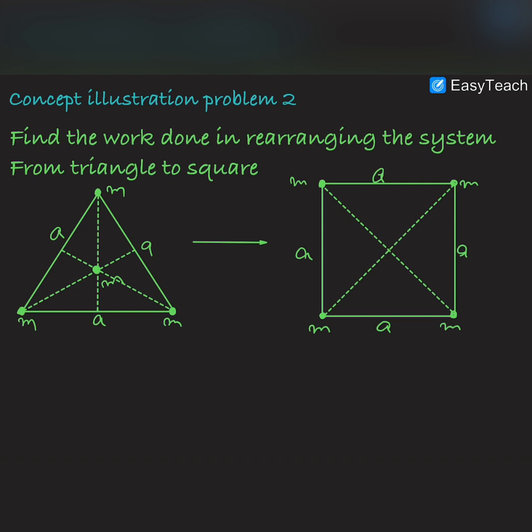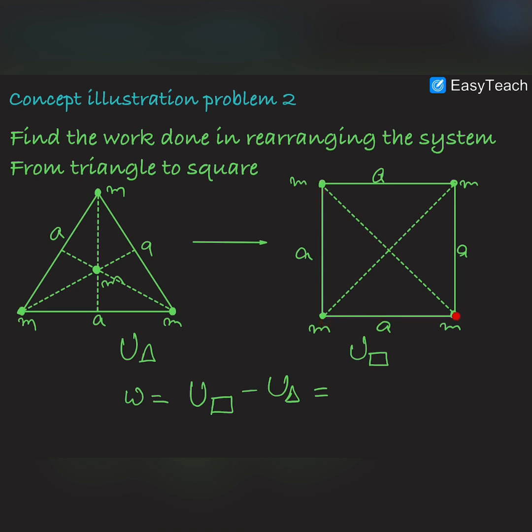So what we will do is, we know that the potential energy of this system is, let's suppose, U triangle, and the potential energy of this system is, let's suppose, U square. So the work done in rearranging them would be U final minus U initial. In the case of this square you can see that there are 6 pairs.